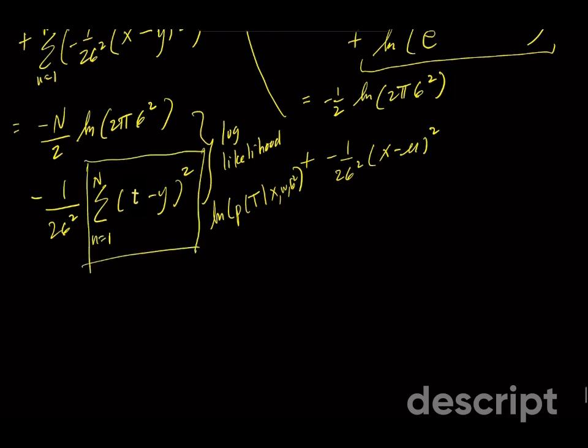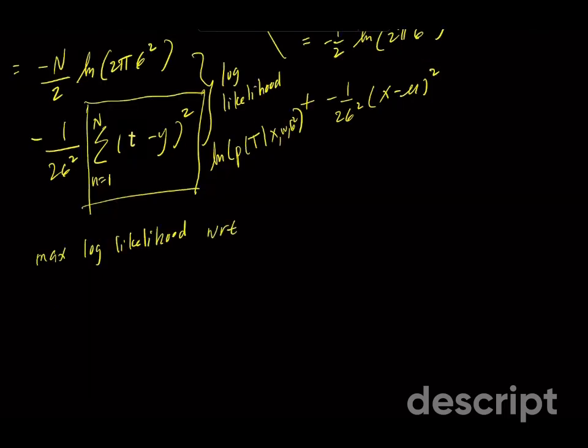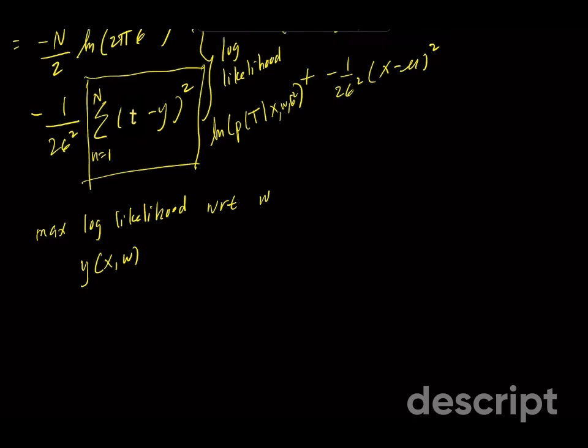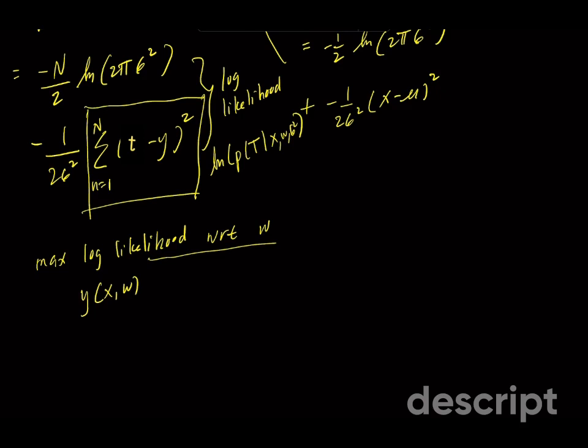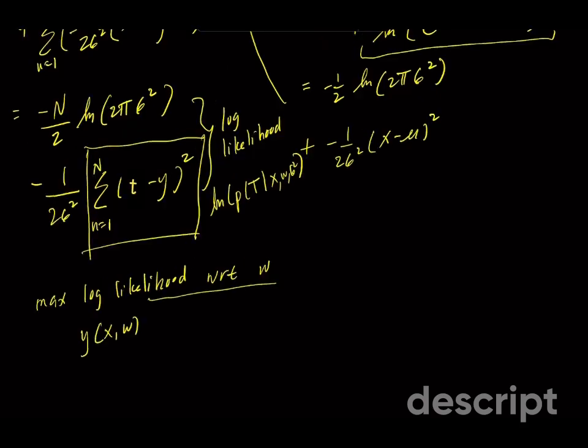Now, we want to maximize the log likelihood with respect to the parameters of your model, w. So recall your model is y of x, w, and we need to figure out what w maximizes the likelihood. Because we are more concerned with maximizing the likelihood with respect to w, we only need to look at the terms that have w in them. From the perspective of maximizing the log likelihood with respect to w, this is a constant.